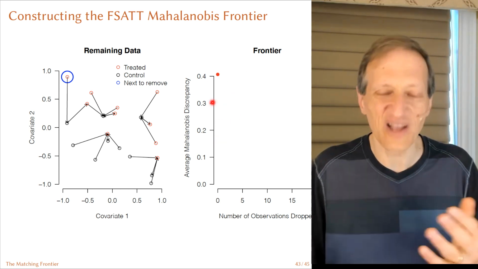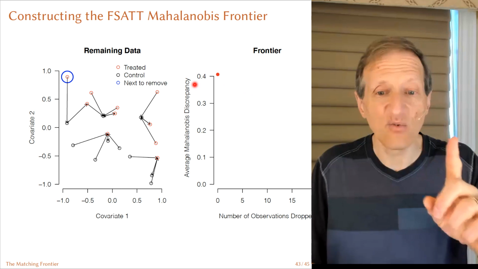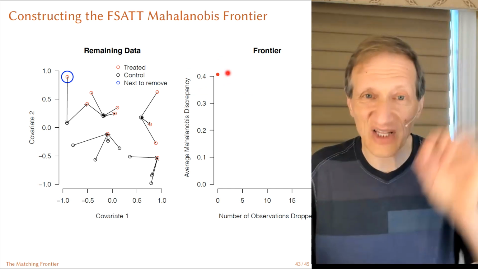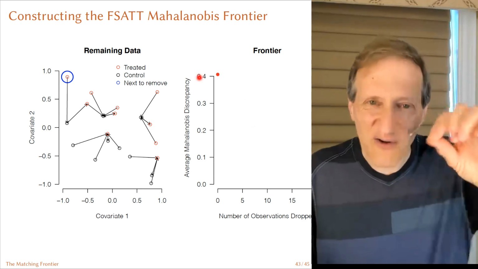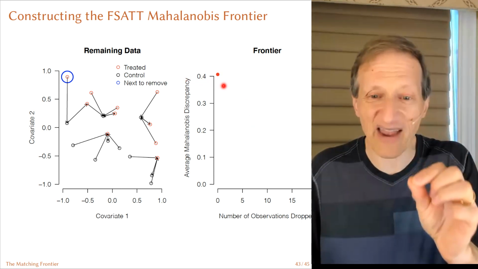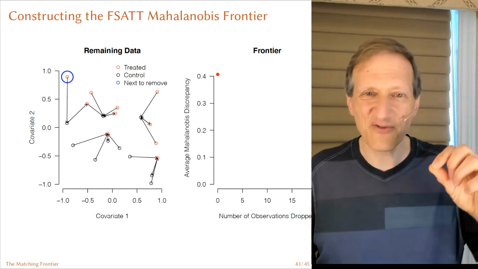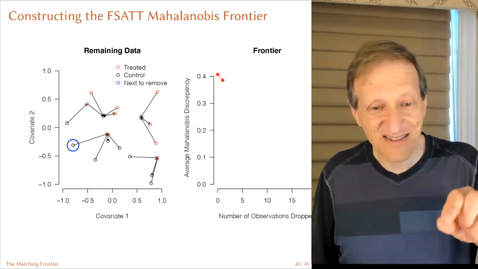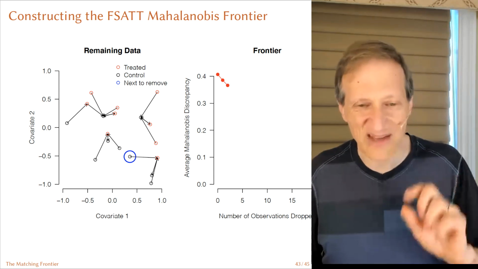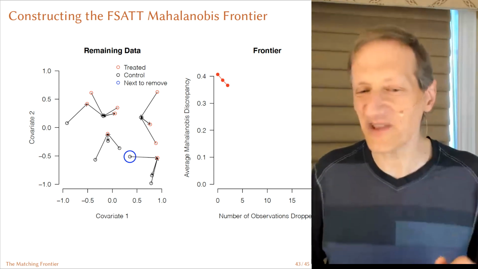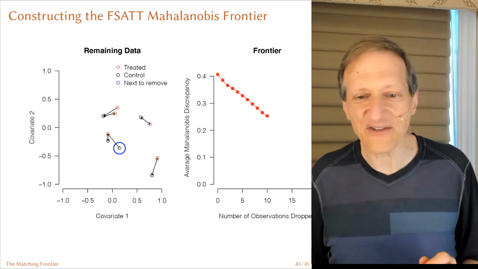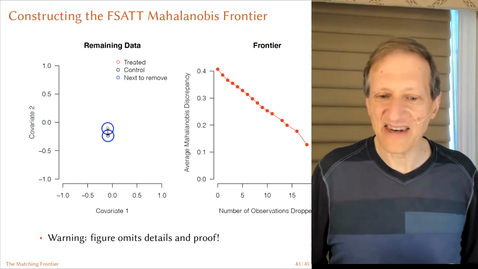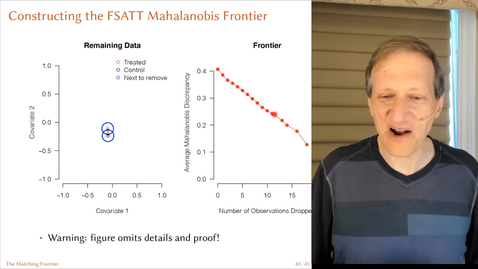For every observation, we want to get the biggest bang for the observation that we prune. That was the one. This one is that one. Basically, the algorithm is working on the left, which I haven't really explained to you, but this traces out the frontier. There are no proofs here, so be careful.